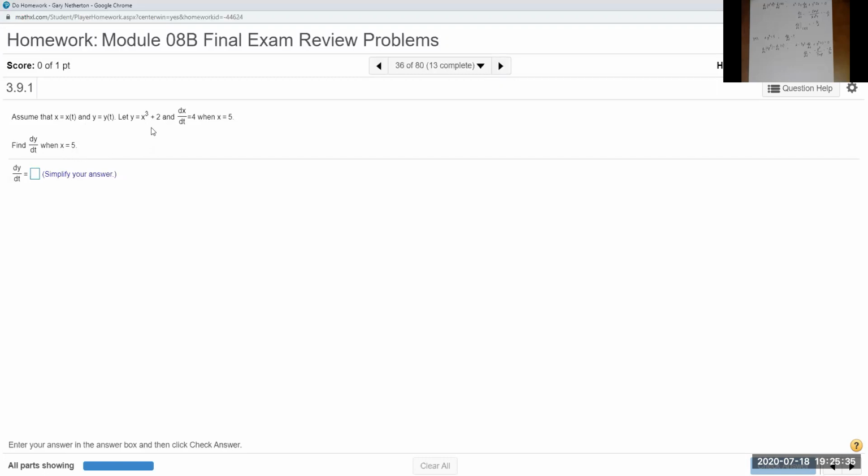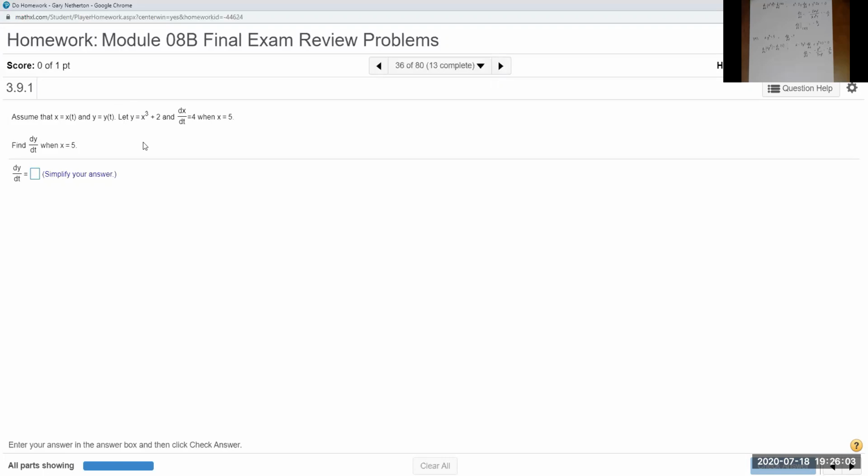Our original equation has a y and an x, but then you see all this stuff with these dt's. What we're going to do is take the derivative of this equation with respect to t, almost like a brand new variable. In other words, the variable was not even in the original equation.